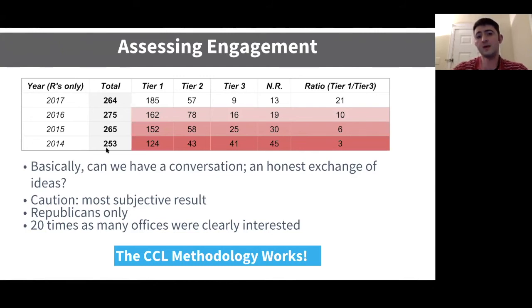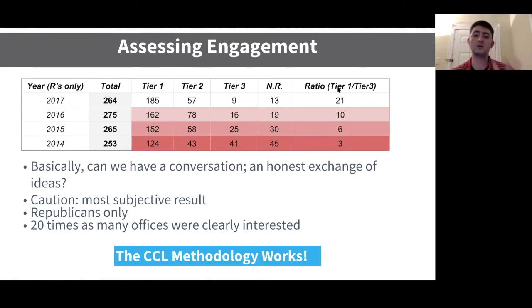Then going from left to right, tier 1, 2, 3, NR is no ranking. If the notes were incomplete and I couldn't get a good read off of them, I didn't give them a ranking, I didn't force it. And then the ratio. The ratio is just tier 1 meetings divided by tier 3 ratings.